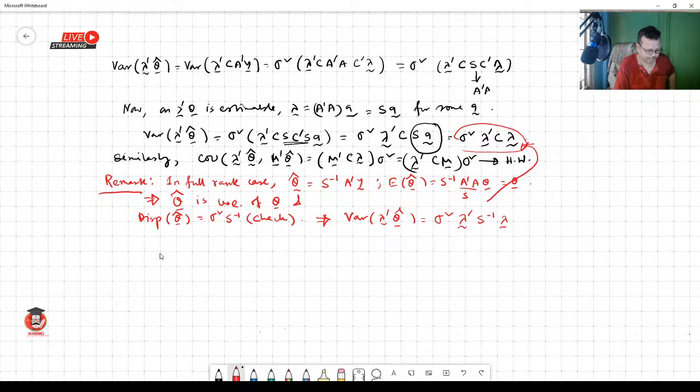Okay, just replace G inverse by inverse because it is a full rank model.